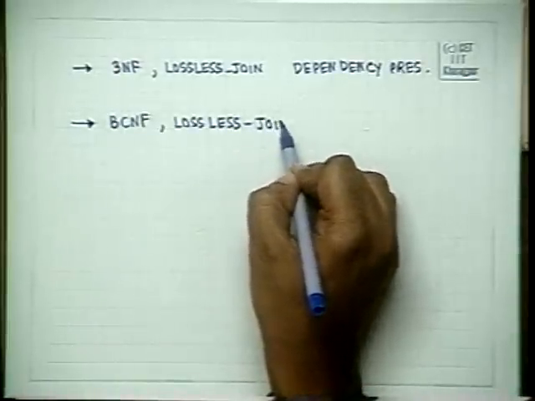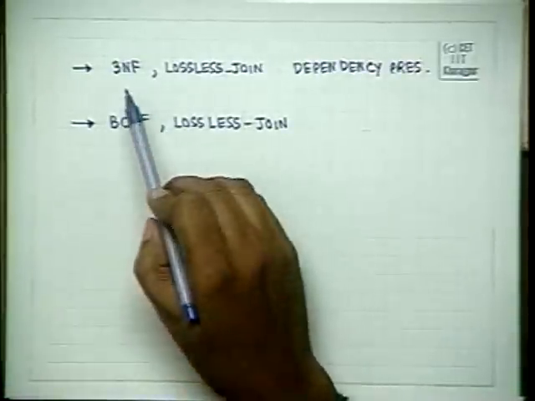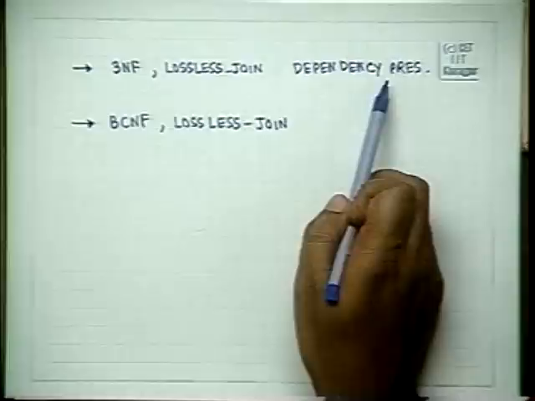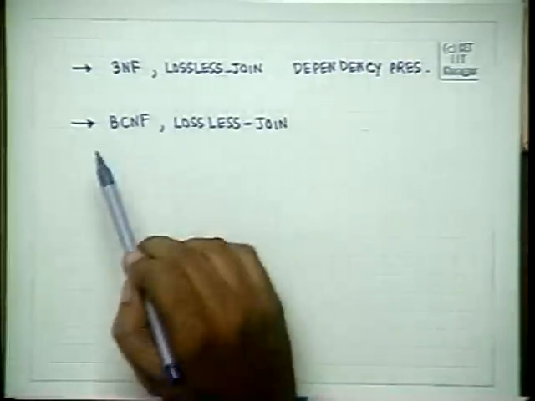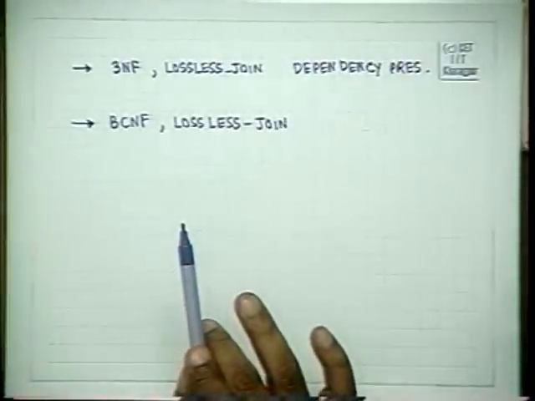That is, given any relation, you can always break it up into a 3NF lossless join dependency preserving decomposition, but we know 3NF still has got some redundancy, or you can get it into BCNF with lossless join.